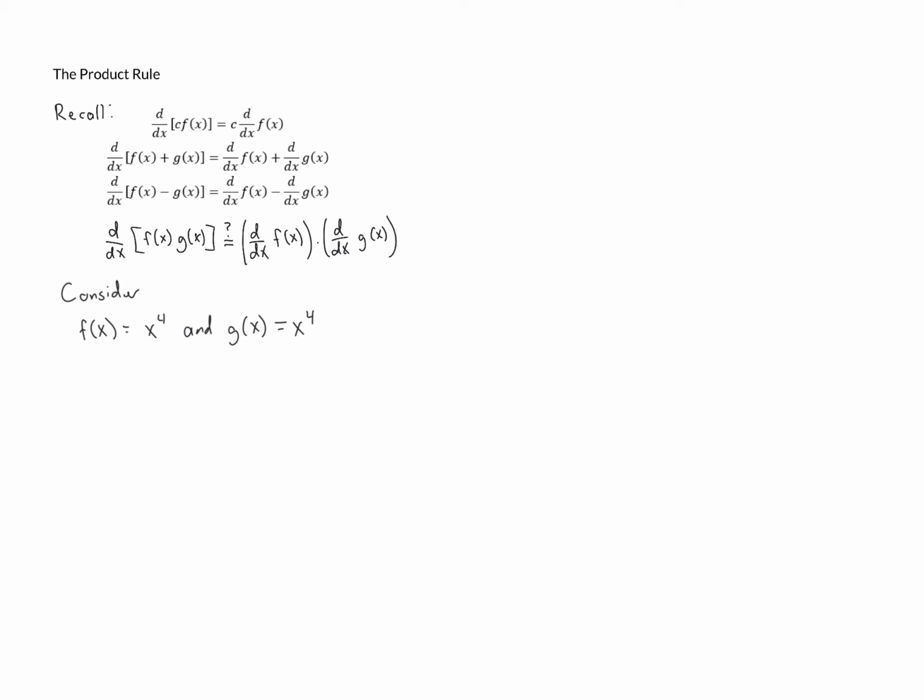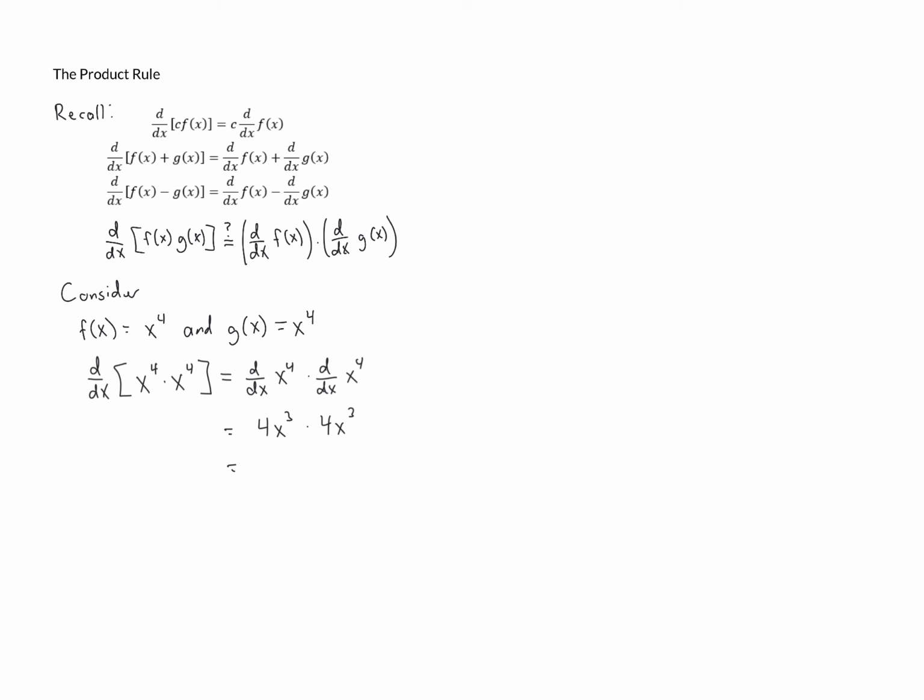Now, if we applied this fake rule, if we try to differentiate the product x to the fourth times x to the fourth by differentiating each one on its own, so that's d over dx of x to the fourth times d over dx of x to the fourth. Well, we know the derivative of x to the fourth is 4x cubed. So we would take 4x cubed times 4x cubed.